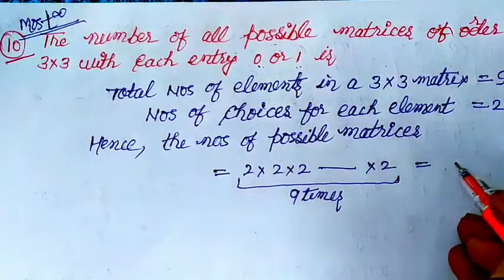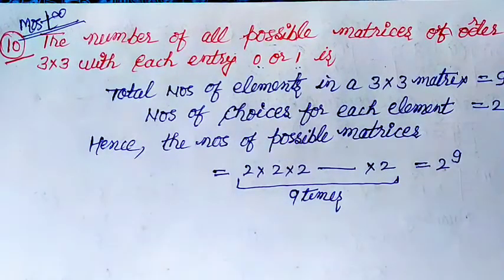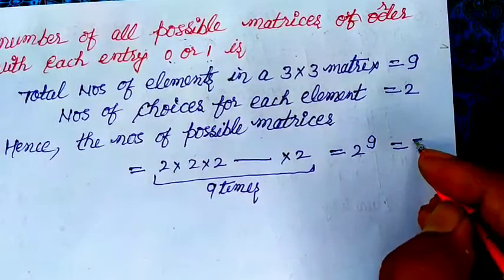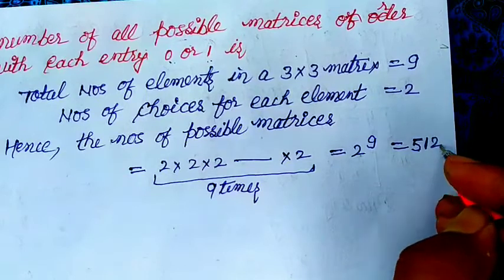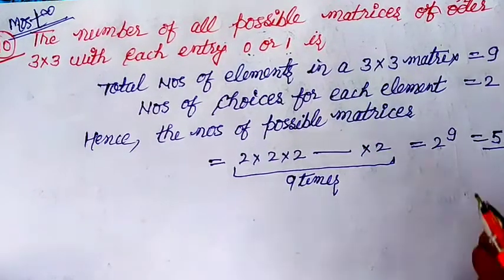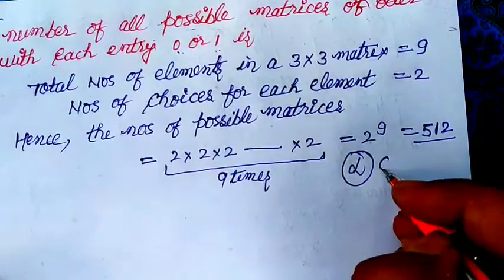So we can write here 2 raised to power 9. So after multiplying 2 nine times, we get 512, 512, isn't it? So we can say here part D is correct.